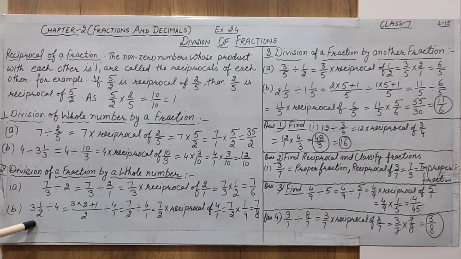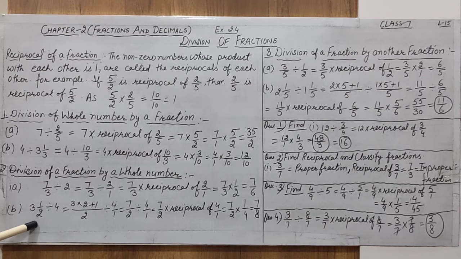So how can we change the mixed fraction into an improper fraction? The denominator is multiplied with the whole part, then the numerator is added. So 3 multiplied by 2 plus 1, divided by the denominator, that is 2. 3 into 2 is 6, plus 1 is 7 by 2.